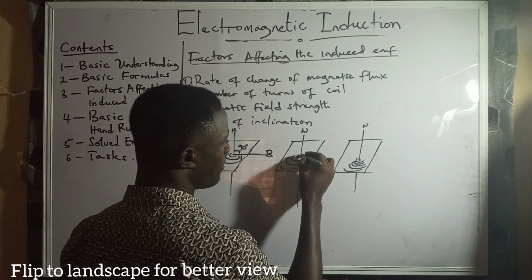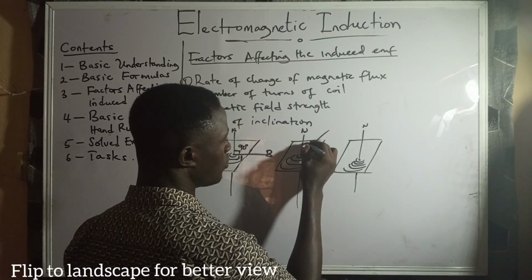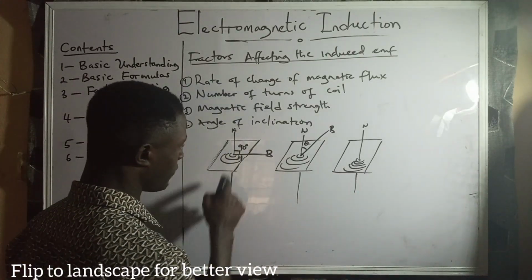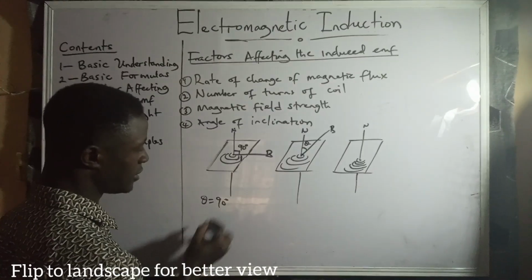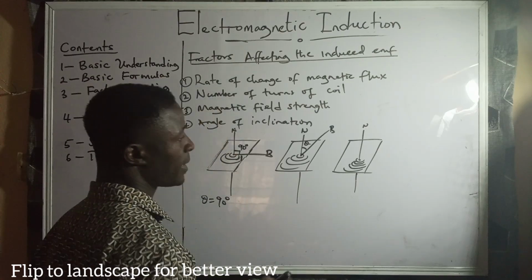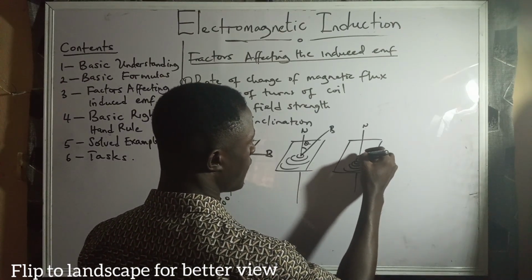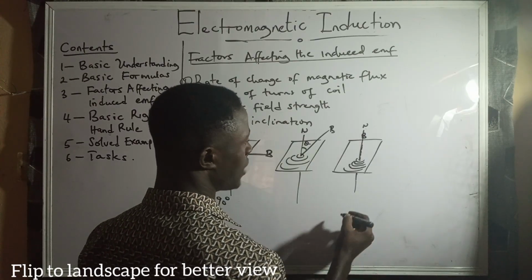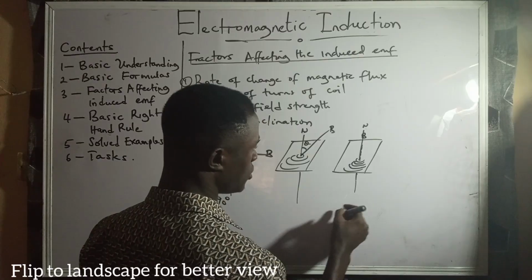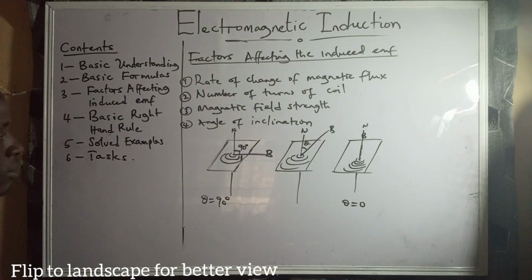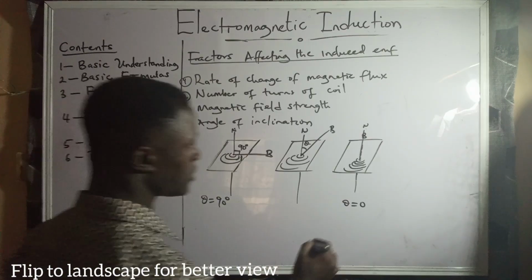For this one, our theta is equal to 90 degrees. And then here, if our magnetic field is inclined perpendicular to the coil of wire, our theta here will be 0 degrees.